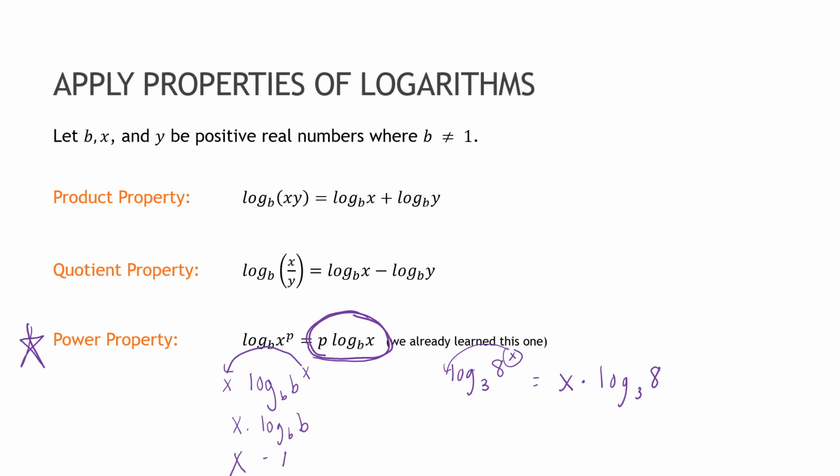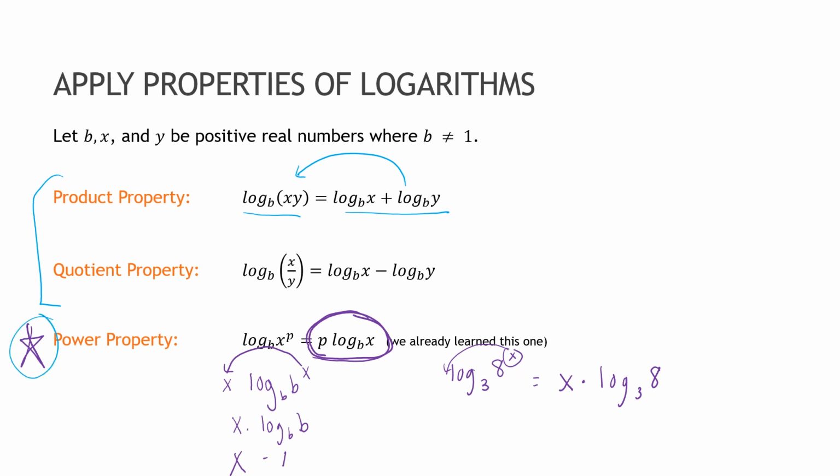Now let's look at the two new properties, and this is going to be helpful in each direction. We're writing it in one direction, but remember, we could also go from expanded to condensed. The next two videos are going to look at expanding logarithmic functions or condensing them, writing them as a single logarithm, and that's where these two are definitely going to come into play, as well as the power property.